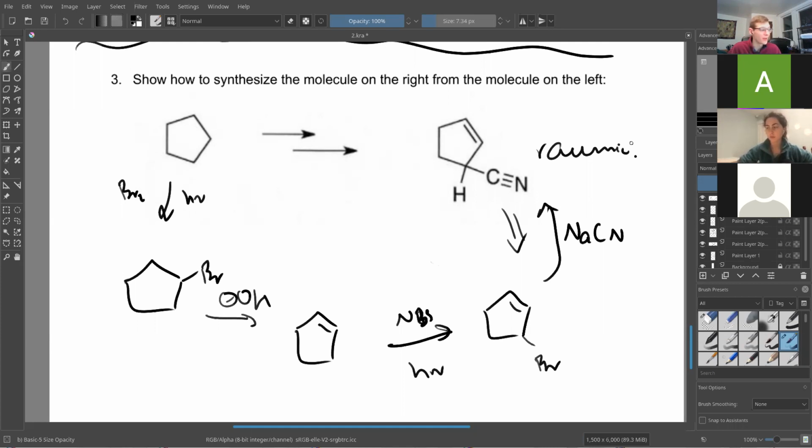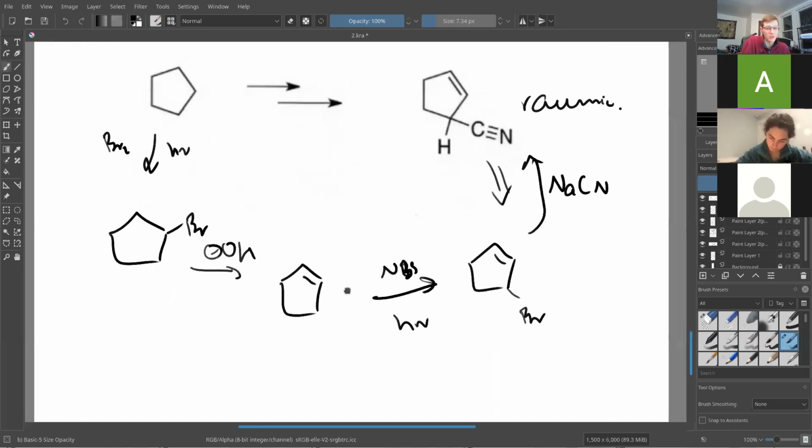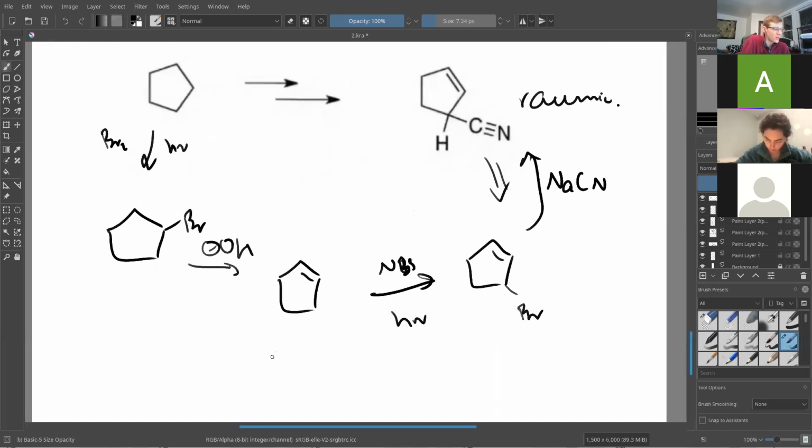Yeah. So the reason is precisely because nothing that we use has stereochemistry. We didn't give it any stereochemistry. Here we're starting from something that's actually achiral, and we're producing something that's chiral, right? Because this is a chiral center. But it's racemic because what we started with was achiral.